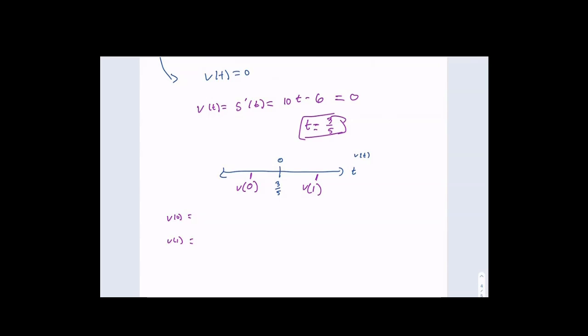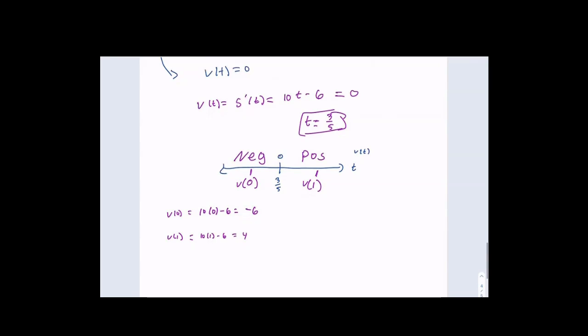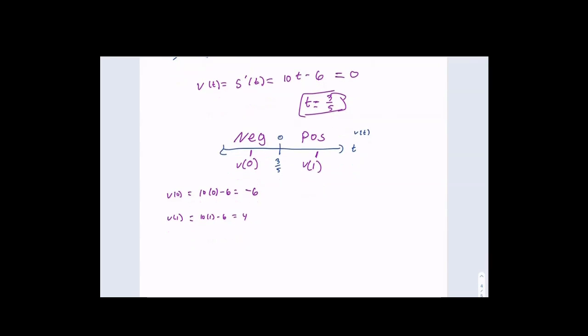It's just negative 6. 10 times 0 minus 6. So, negative. What's v of 1? 4. And therefore positive.